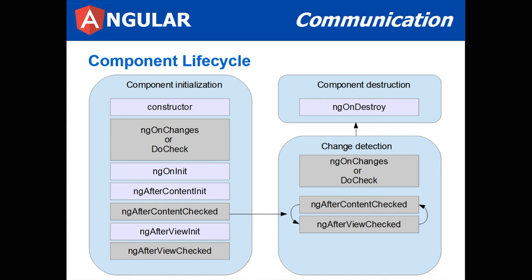If the parent changes its value and that change detection goes into that @Input attribute, it gets passed into the child template, and the ngOnChanges function gets invoked. And then, of course, you have your ngAfterContentChecked, because now that your value has changed, your content needs to be changed. And so there are some after-content-check methods which get invoked.